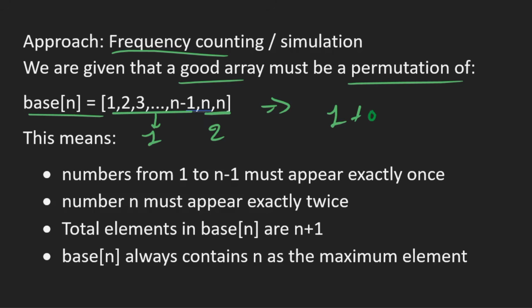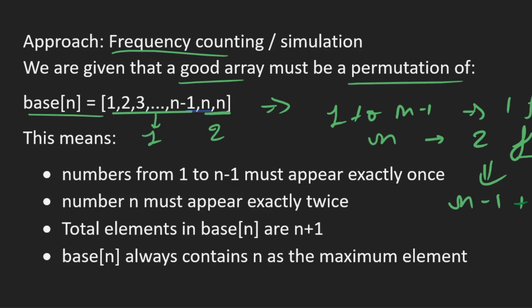So the total elements in the base of n will be n minus 1 plus 2, which is n plus 1. So a total of n plus 1 elements should be present in base of n.